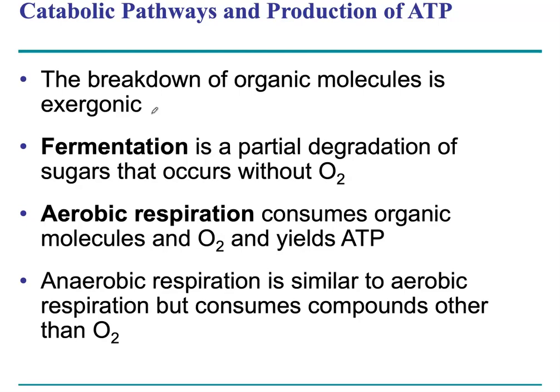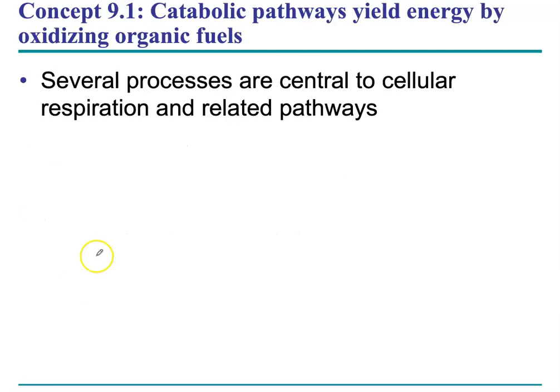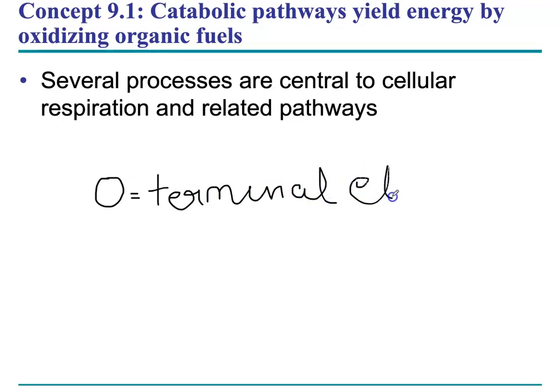So there are multiple ways in which the cellular respiration takes place. So there are multiple steps to it. At the end of the cellular respiration process, electrons are generated. So oxygen acts as a terminal electron acceptor.